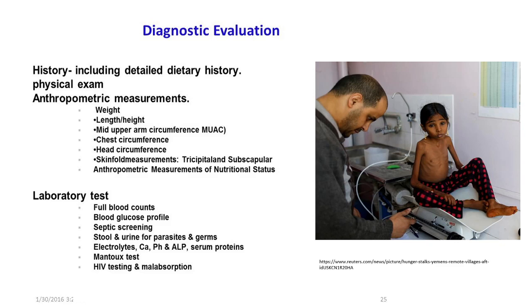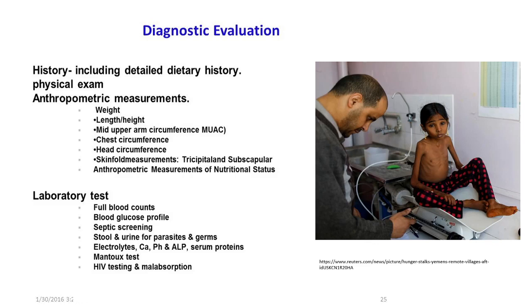What does septic screening mean? It's CRP, of course CBC, a blood culture and procalcitonin test. Stool and urine analysis to see signs of kidney problems, to see signs of pancreatic or intestinal enzyme deficiency, and of course to find parasites and germs.